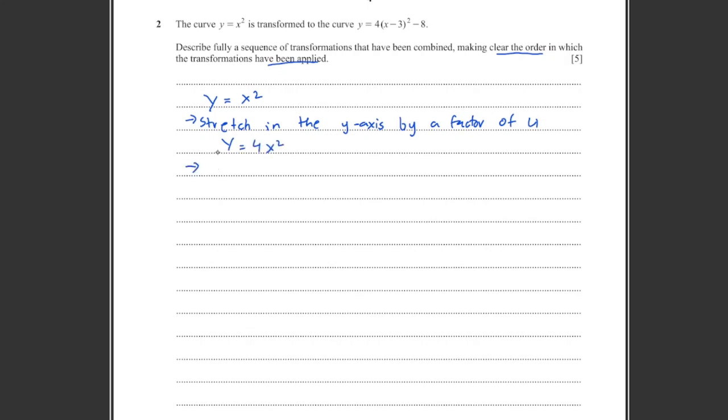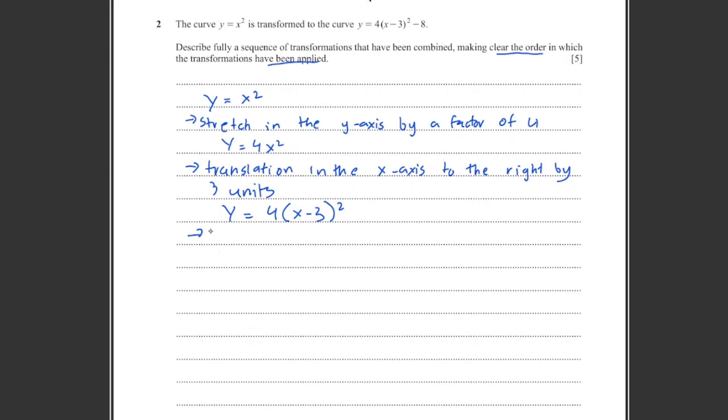Then we have a translation in the x-axis to the right by 3 units, and that's going to be (x minus 3) whole squared.